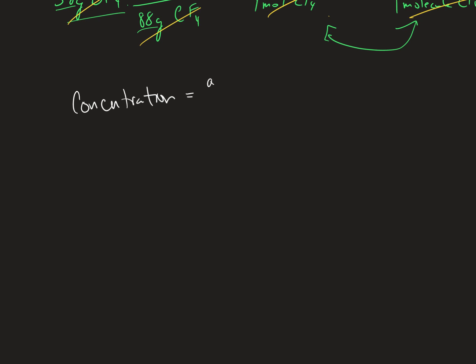It is the amount of solute over the amount of what you have, the solution, right? Does that make sense in everybody's mind? So this is how much solute we have in regards to the whole solution. Good?